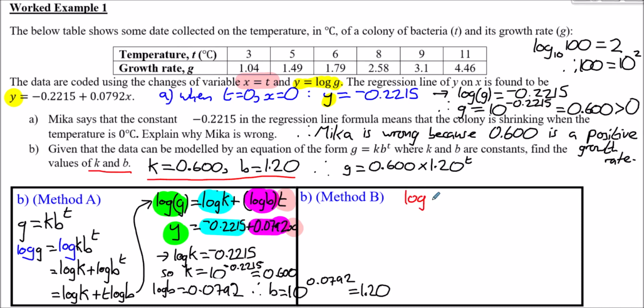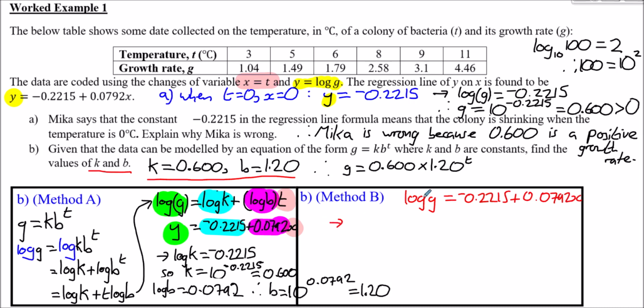So log g equals minus 0.2215 plus 0.0792x.